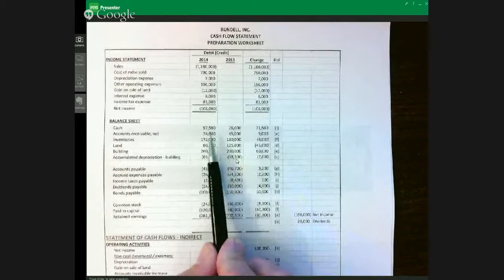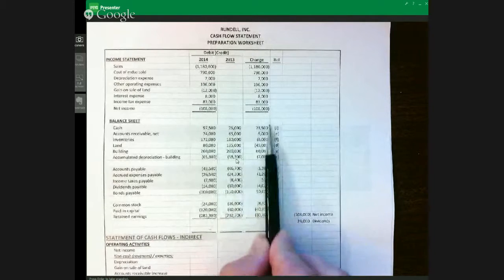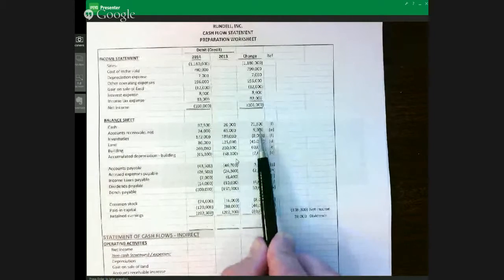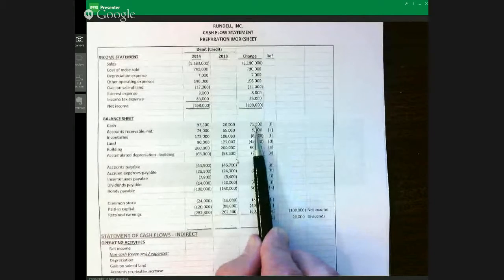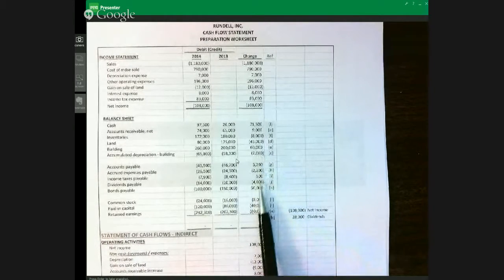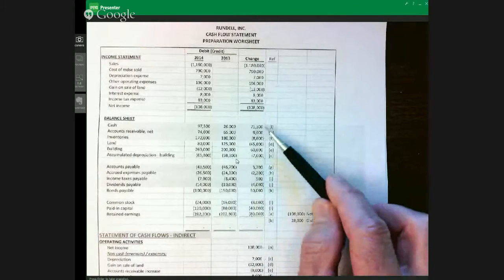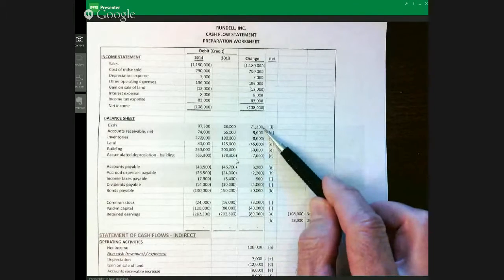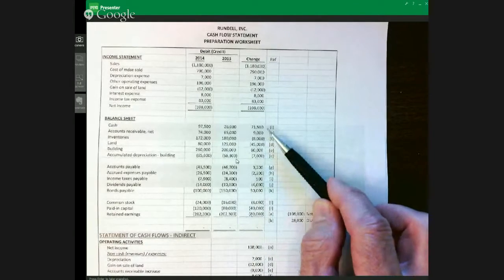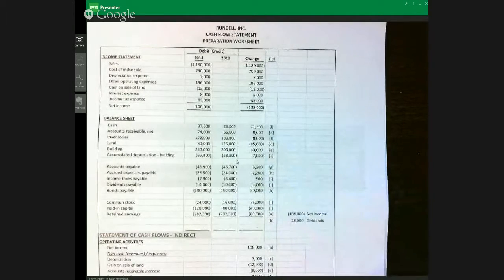Okay, so here's the deal. We know assets equal liabilities plus owner's equity. The objective we're after is that the change in cash can be explained by the changes in every other account on the balance sheet. Let me say that again. The main objective is to say the change in cash can be explained by the changes in all the other accounts on the balance sheet.